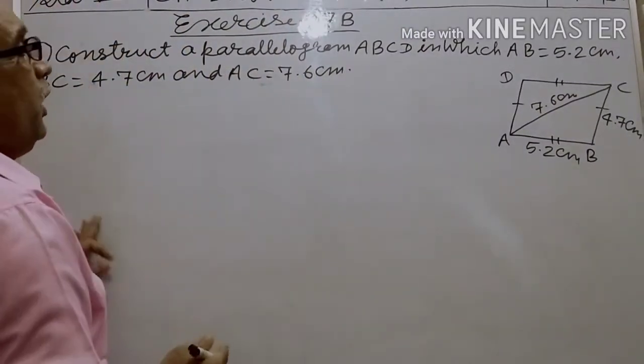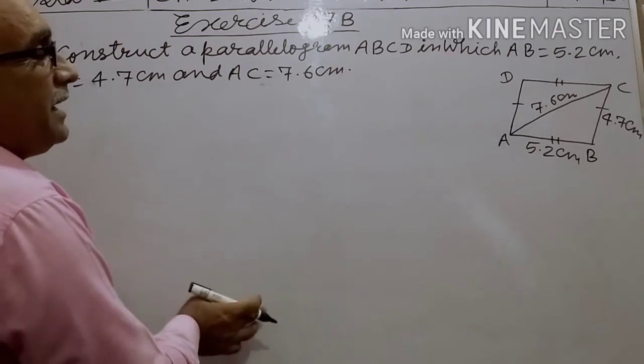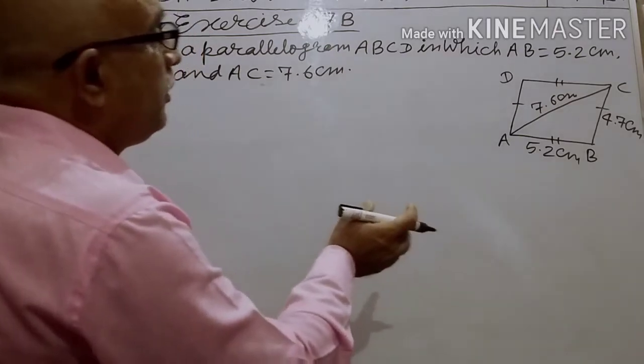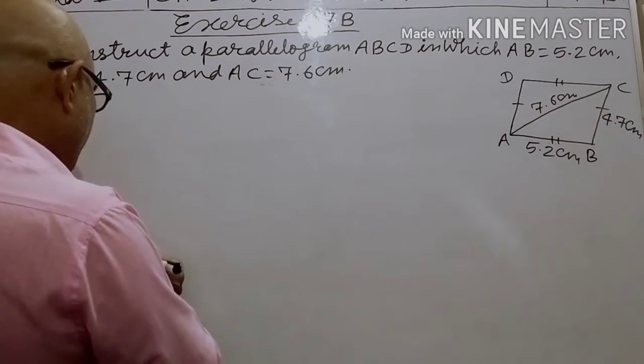Now, first of all, draw a line segment AB of 5.2 cm.